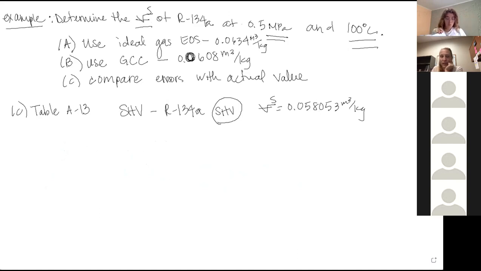But if we want to actually calculate the error, the error that we're going to do here is our ideal minus the actual over the actual.